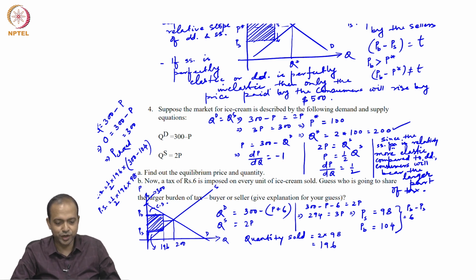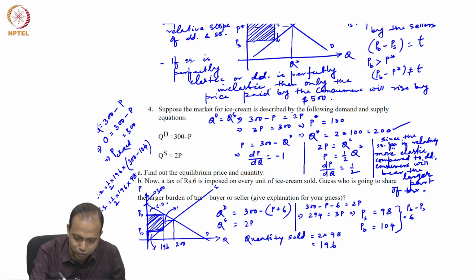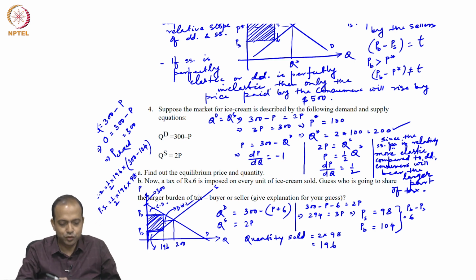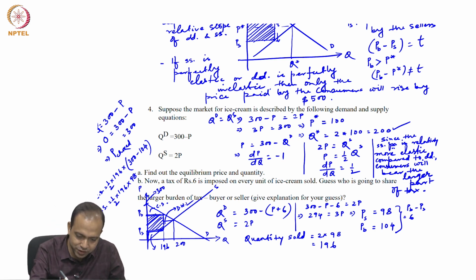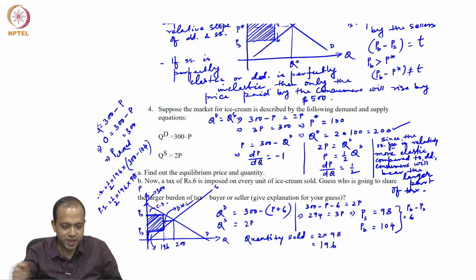And what is the deadweight loss? This is basically the deadweight loss, DWL. To find the deadweight loss, this is half into base into this height. The base is the difference between PB and PS.